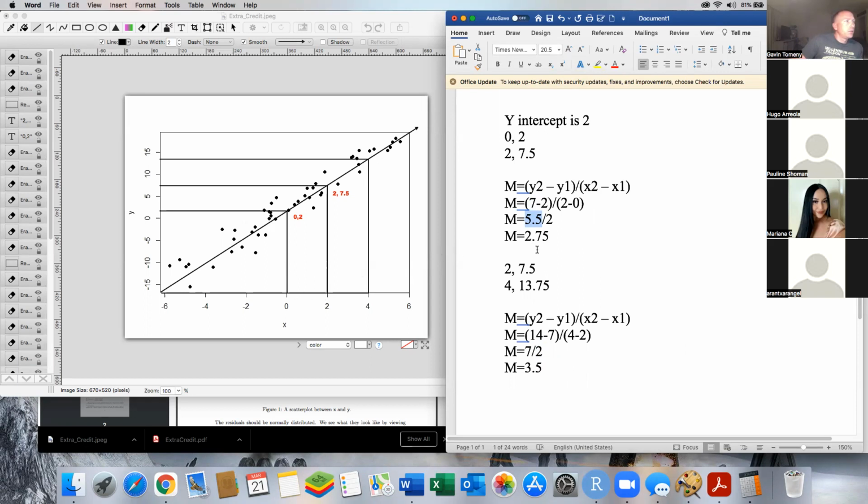What do you guys think with these numbers? Have you guys gotten anything different? No. But again, my math isn't the best.